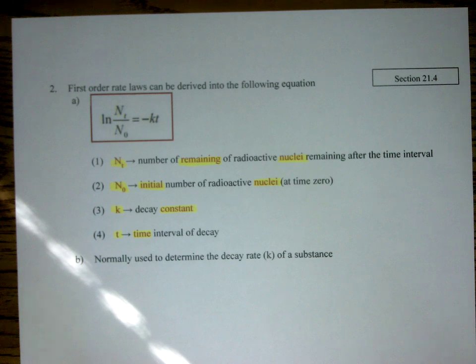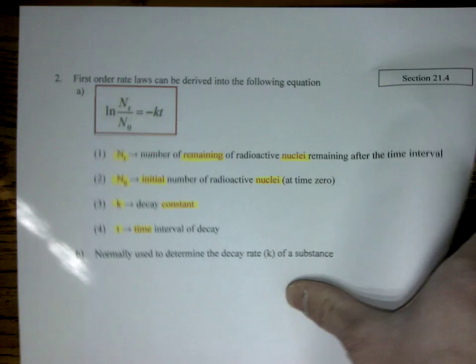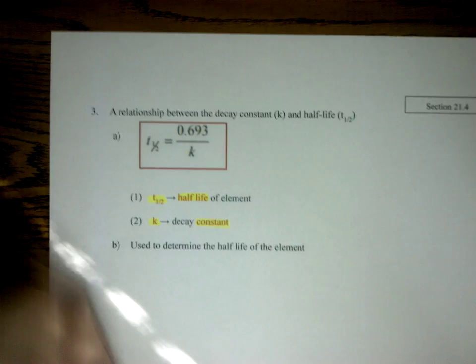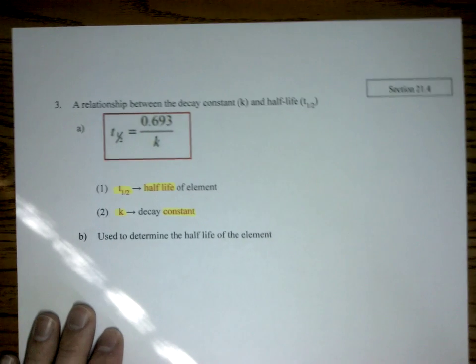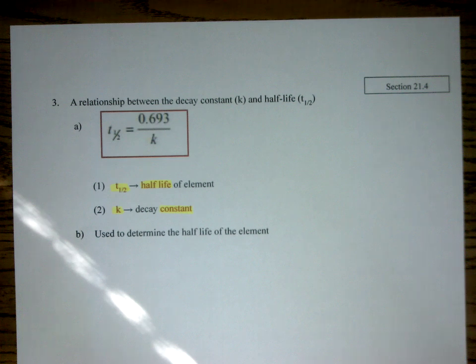Okay, another thing that we can do, again, derived from kinetics, because our rate laws abide by first order kinetics, we can utilize this formula here. And that's the half-life is equal to 0.693, which is a direct correlation of that formula I just showed you, divided by k, that rate constant.